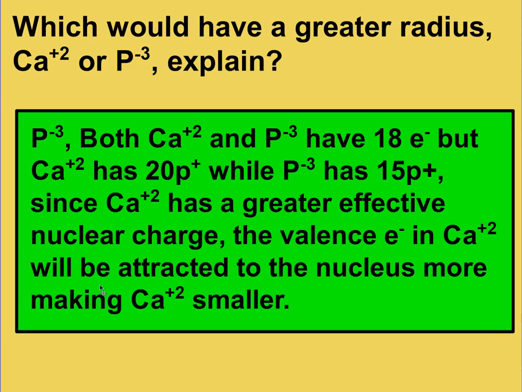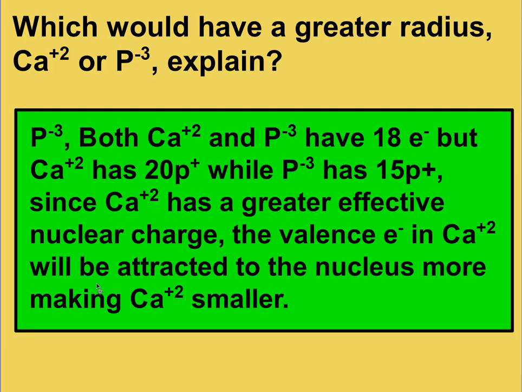So first off, if you said P-3, you are correct. The first thing you wanted to do was list out your protons and electrons for each of those. So off to the side, I had calcium and I had my phosphorus. I have my 20 protons, 15 protons, 18 electrons, and 18 electrons.